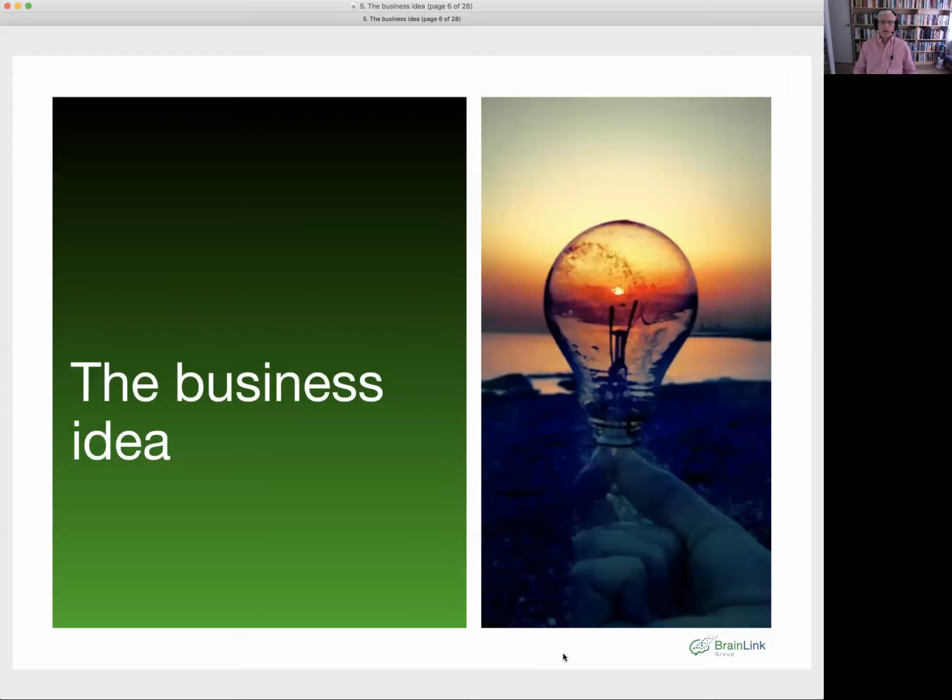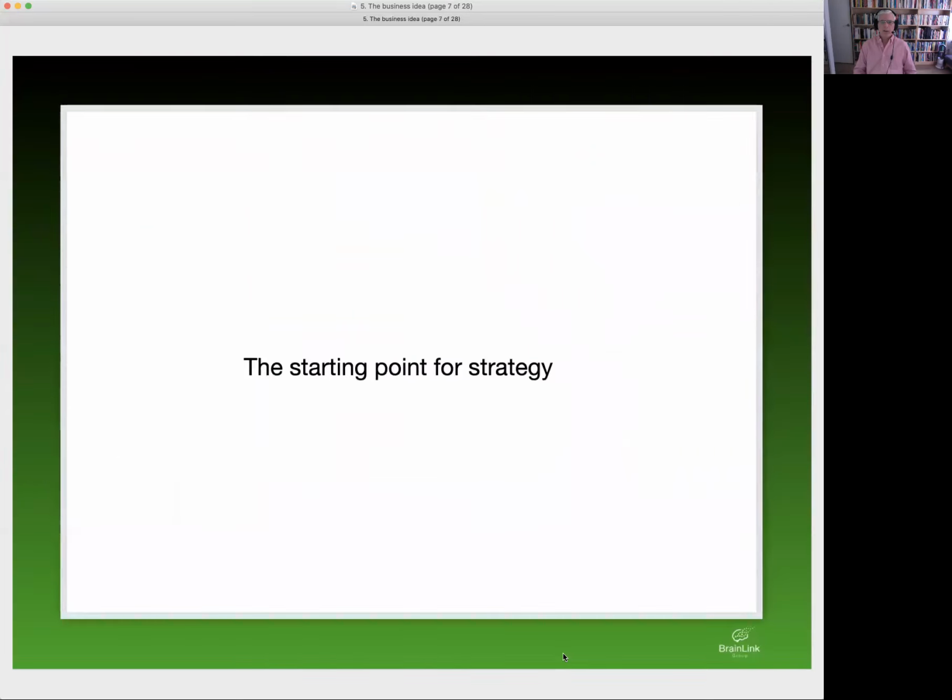Okay, so the business idea. Now, the business idea is really the starting point for strategy. If you haven't actually covered this before, then it's pretty interesting and important to understand that whenever you set strategy, whenever you do any kind of meaningful strategic plan or strategic thinking, you need to be really clear about the value proposition or the business idea.